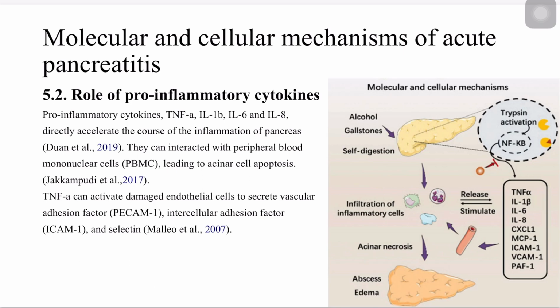Okay, we can see in this article they can interact with the peripheral blood mononuclear cell or PBMC, leading to acinar cell apoptosis.